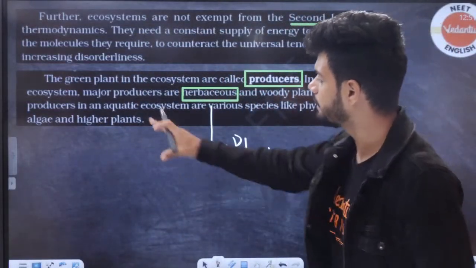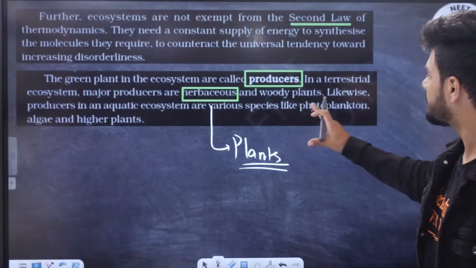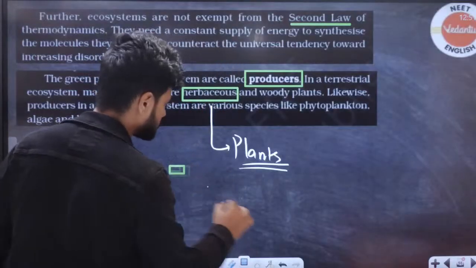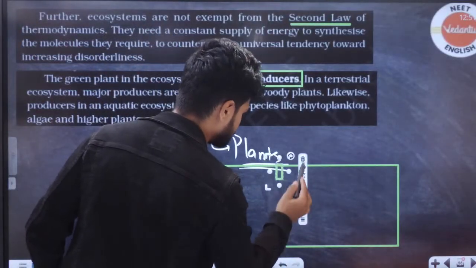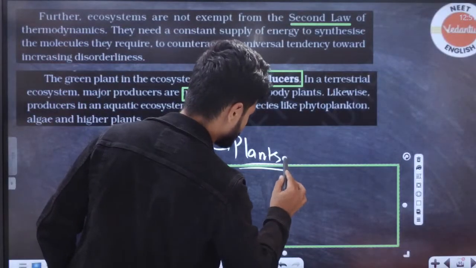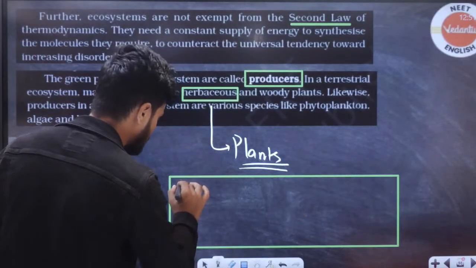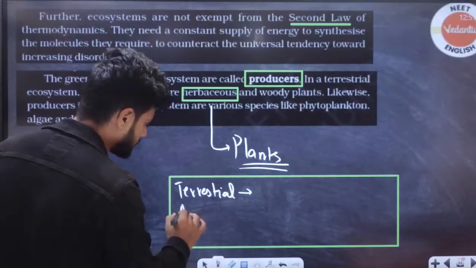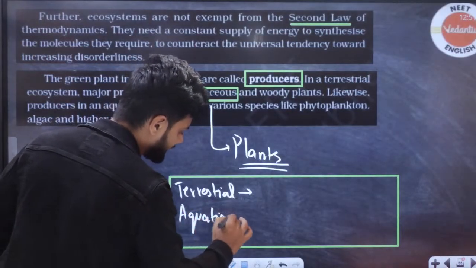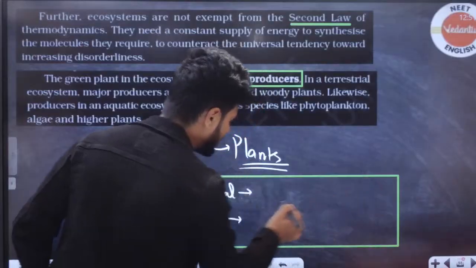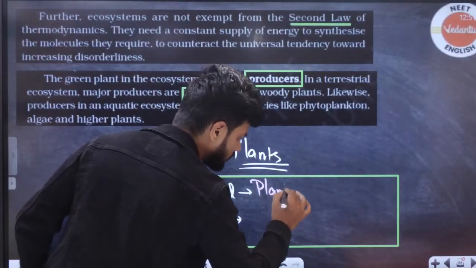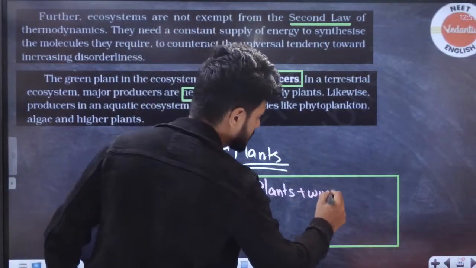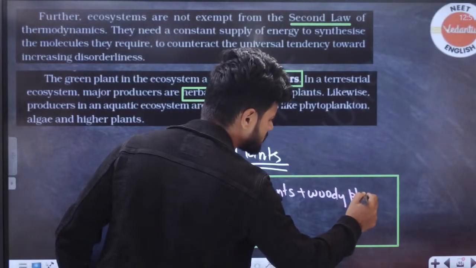Likewise, producers in an aquatic ecosystem are various species like phytoplanktons, algae, and higher plants. In the case of your terrestrial ecosystem, we have the herbaceous plants and woody plants.